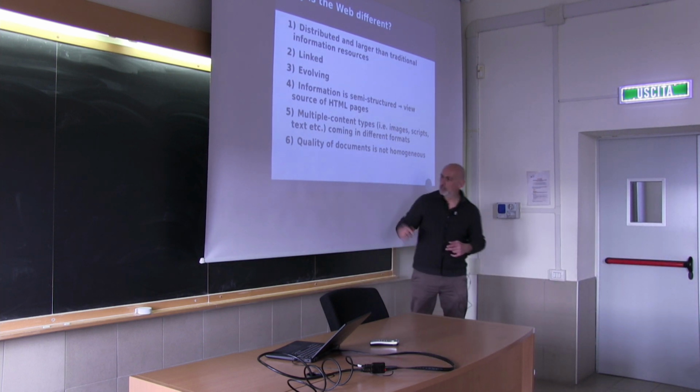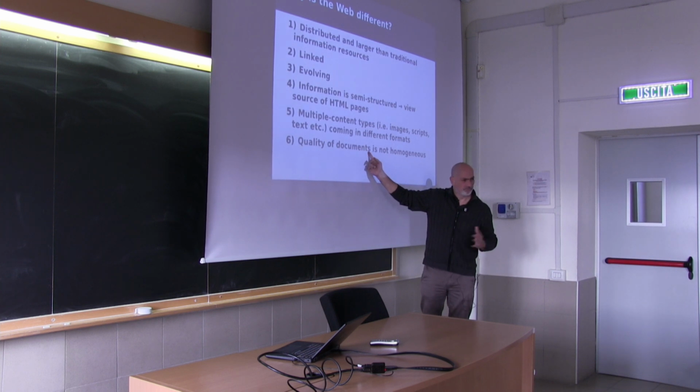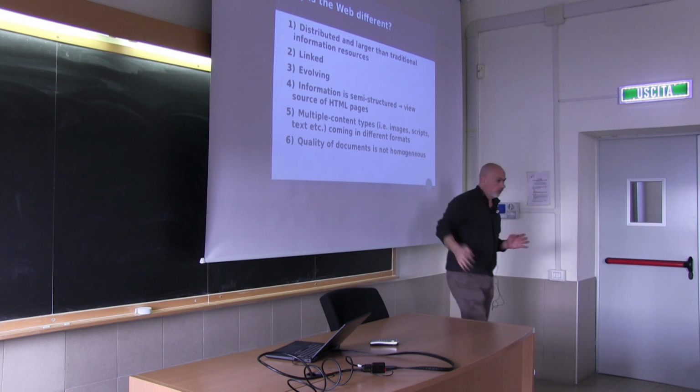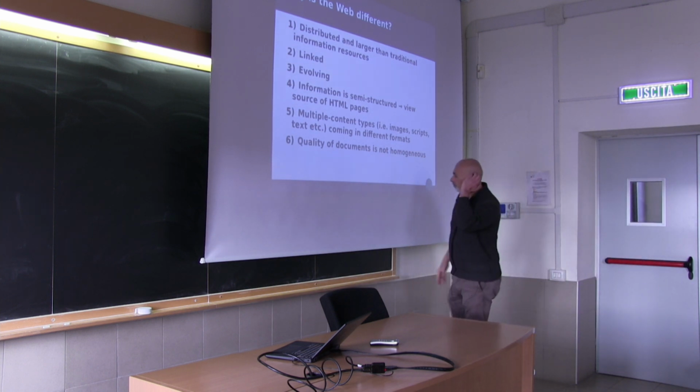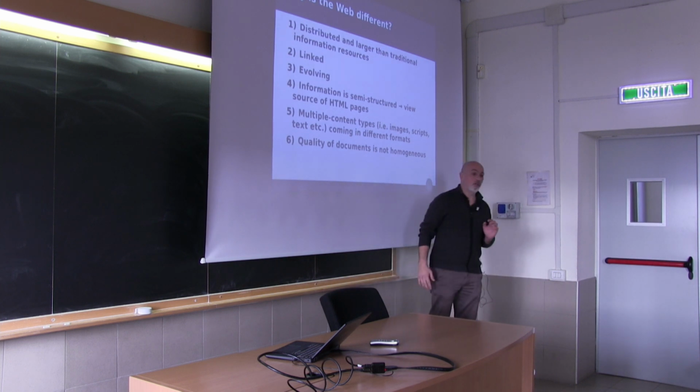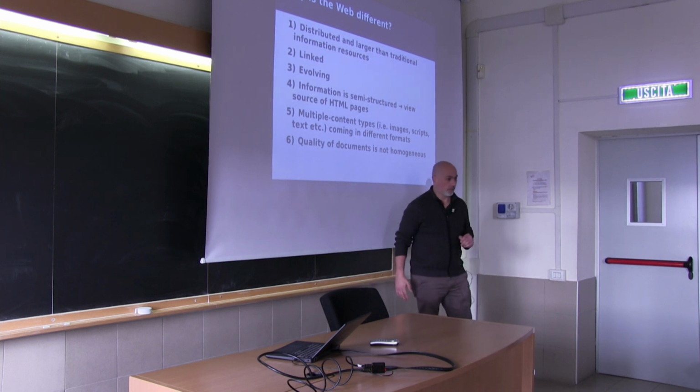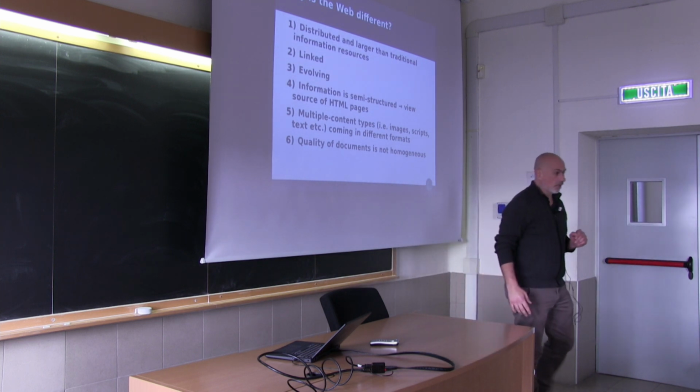Also, which is true for every document corpus, in web information retrieval, a lot of emphasis has been put on the idea that not all documents were made equal. Even though many people outside computer science faculties seem to think otherwise.